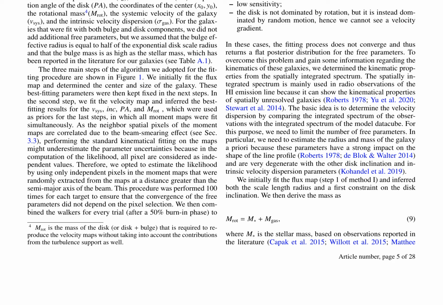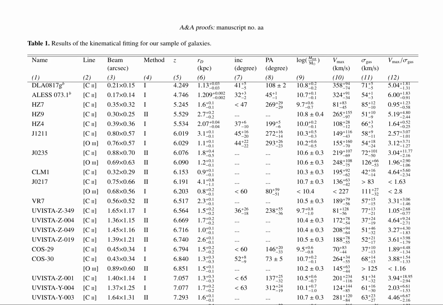Method 2, after applying a correction factor of 1.6, yields velocity dispersion estimates between 37 km/s and 126 km/s, with a median value of 60 km/s, suggesting slightly higher rotational support. The study finds that the velocity dispersion of [CII] and [OIII] emission lines are similar, implying they trace different gas phases in the interstellar medium.